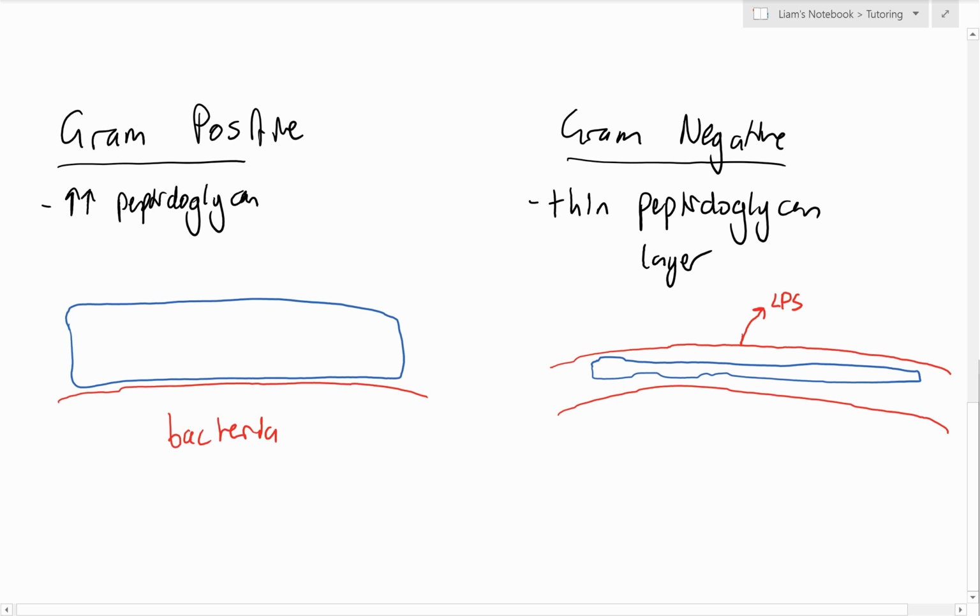So you might be wondering why this is important. There's two reasons really. The first is that this peptidoglycan layer is a really good target for antibiotics. It's where our main class, penicillins and beta-lactams, that's where they work. It's really important and a really great target because our cells don't really have anything like peptidoglycan.